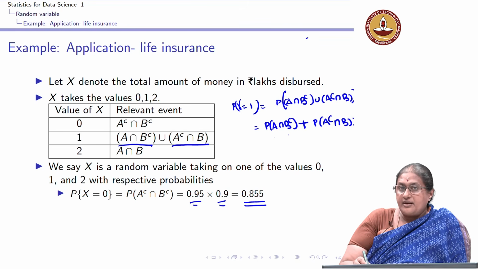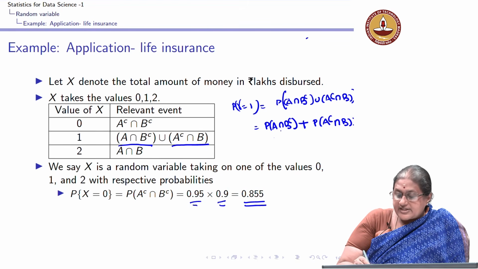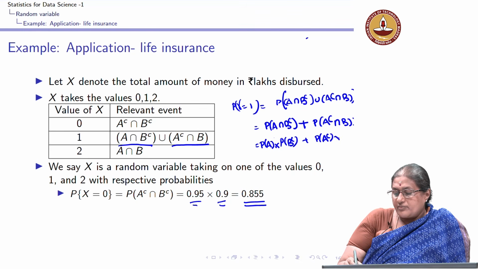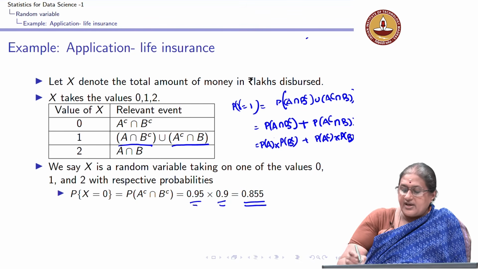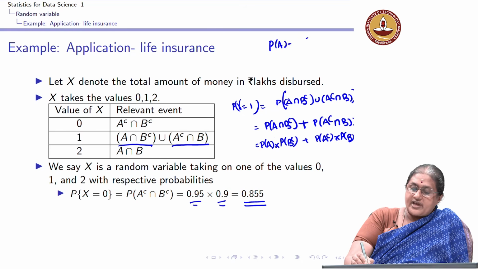Again, if A and B are independent, A is independent of B complement. So, this would be probability of A into probability of B complement plus probability of A complement into probability of B. Again, we know probability of A is 0.05, probability of B is 0.1.